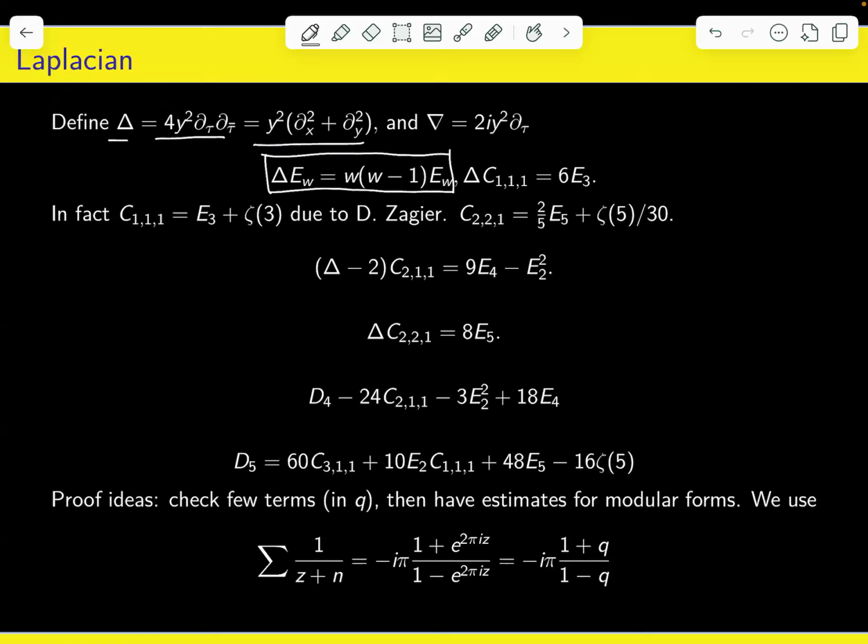Here, this Laplacian on the upper half plane is like that. And so, for example, if you look at the function y power s, then it will be s times (s minus 1) times y power s, exactly because you multiply by y power 2. Okay? So for this kind of function, it's easy to see.